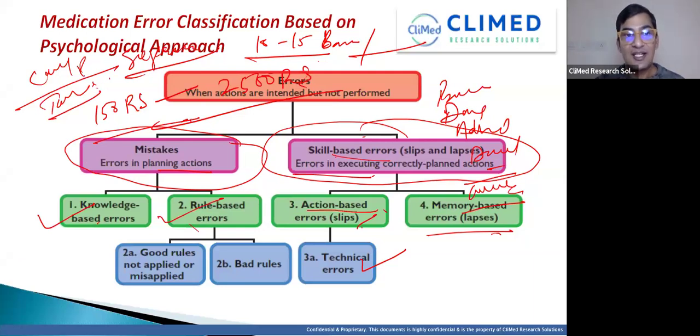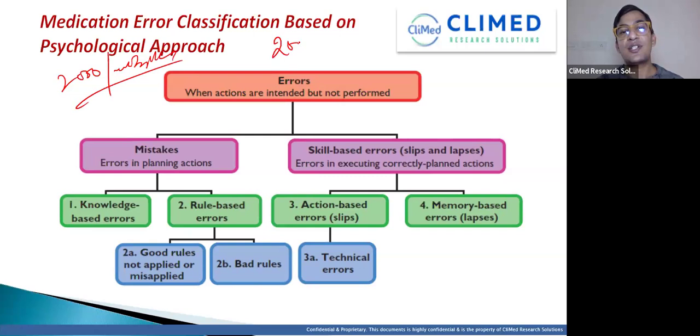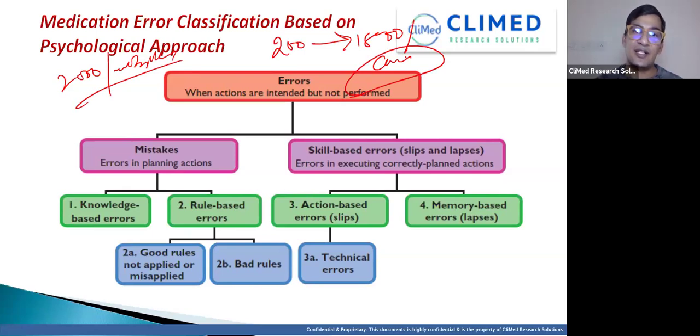Why is it? Maybe your 500 rupees injection from Cipla or Cadila is a perfect one, but if you go to the corporate hospital, you will see that same injection they are purchasing in 2000 rupees when it comes to your bill, right? The injection cost is actually 200 rupees, but the 1800 goes as a commission to the hospital, right? That is rule based error.